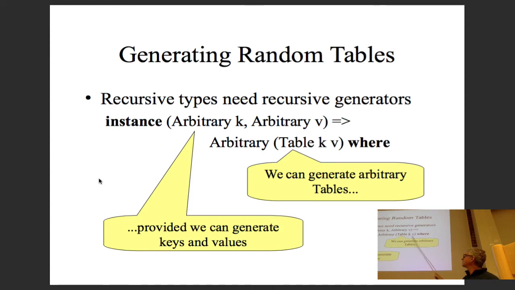Because if they're not, we can't generate random tables if we can't generate random keys and random values. So we have a constraint on the instance declaration. We've not seen this before, but basically this just says you can't do this for any K and V. You have to be able to generate arbitrary Ks and arbitrary Vs.